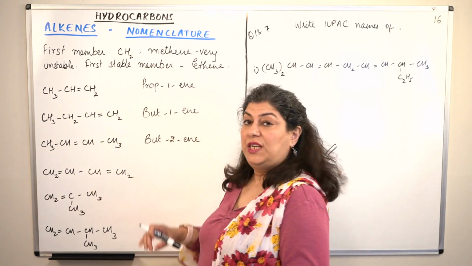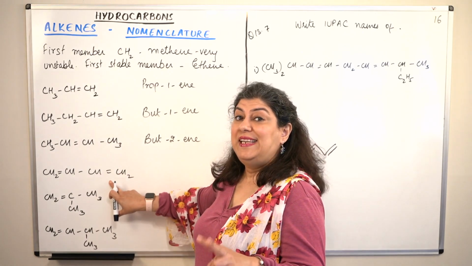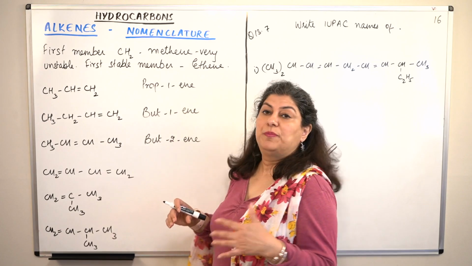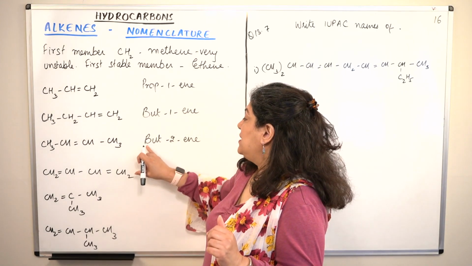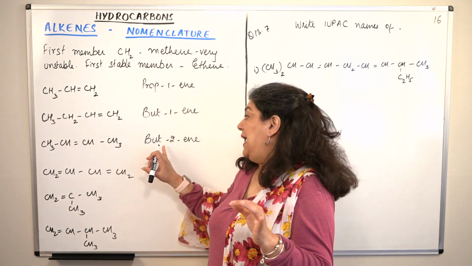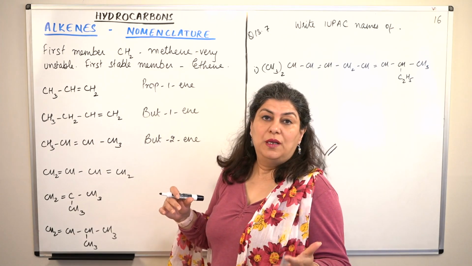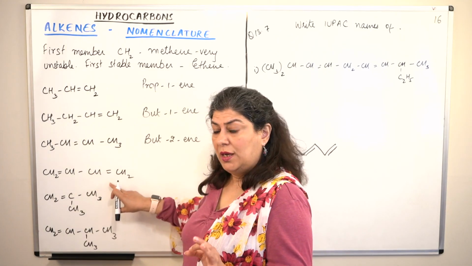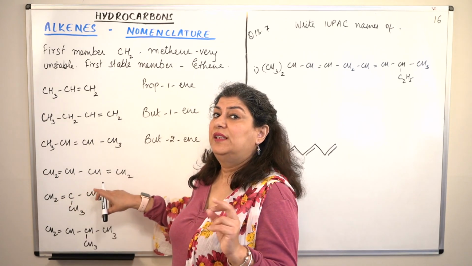This is also butene, but it has two enes, so it is a diene. Whenever you have multiple double bonds or triple bonds, we do not write just BUT, we write BUTA. The A is added there whenever you have multiple double bonds. So this would be buta, and it is a diene. But what is the position of the dienes?